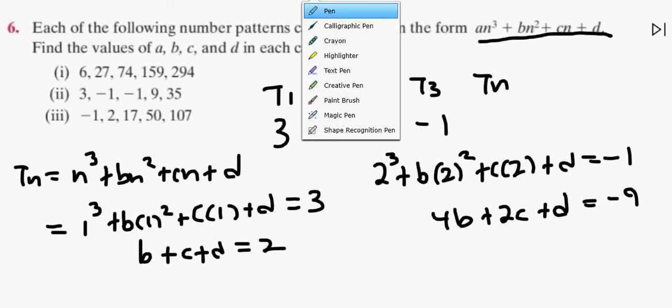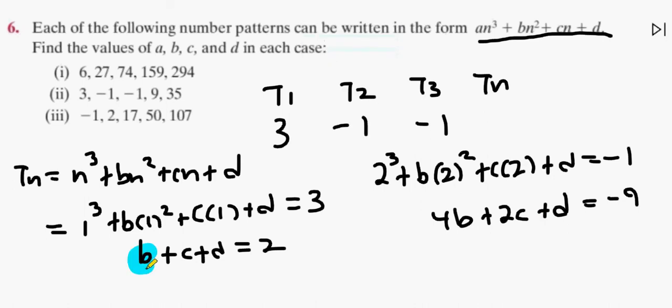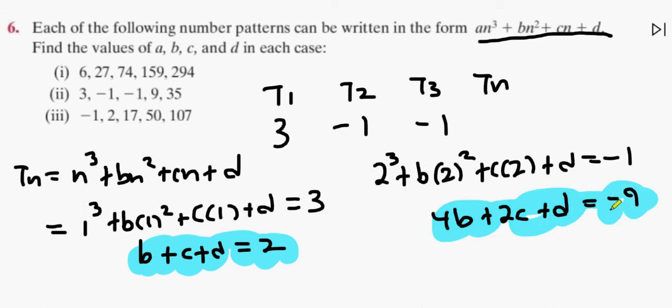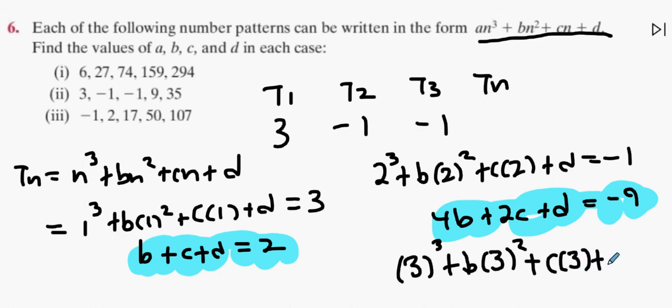Alright, and there's b, there's 1, there's the second one. We need one more, don't we? 3 letters requires 3 equations. So let's go for T3. 3 cubed plus b times 3 squared plus c times 3 plus d equals also minus 1.